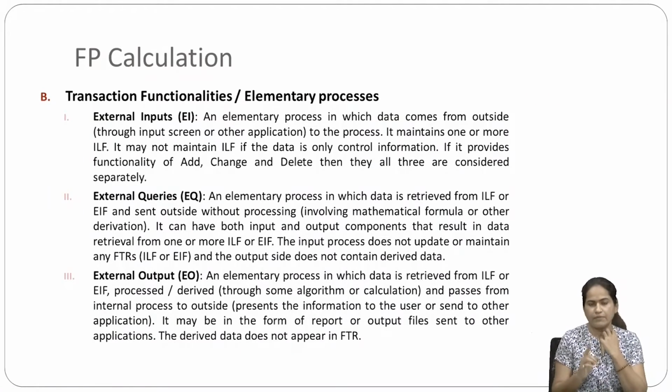This thing we have in the first step, means we have categorized the functionalities into data functionality and transaction functionality. As the name suggests, you try to understand that if data functionalities are there, then they will be related to data only, and if transaction functionalities are there, then they will be related to transactions, means some processes will be there.